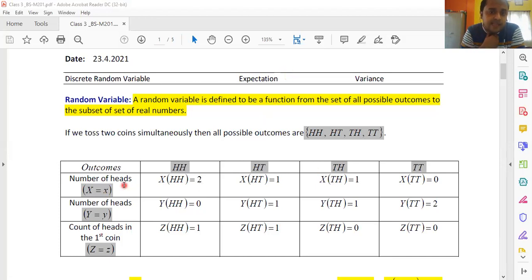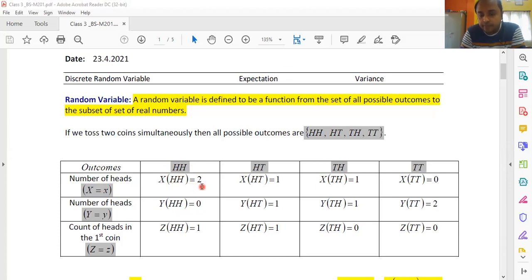Now, as I'm saying that random variable is a function. Since I have designed capital X to be the count of heads, if I apply that count on the outcome HH, that is, I'm counting the number of heads on the outcome HH, then this count is coming out to be 2.